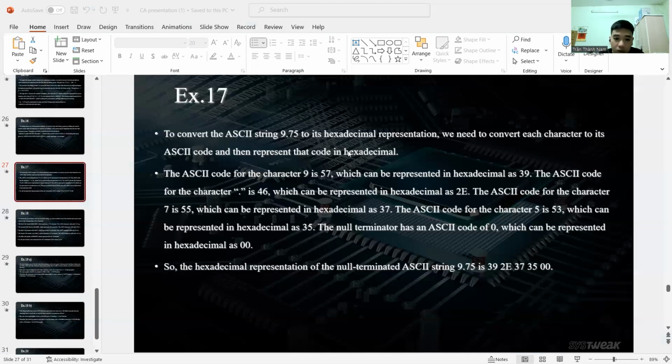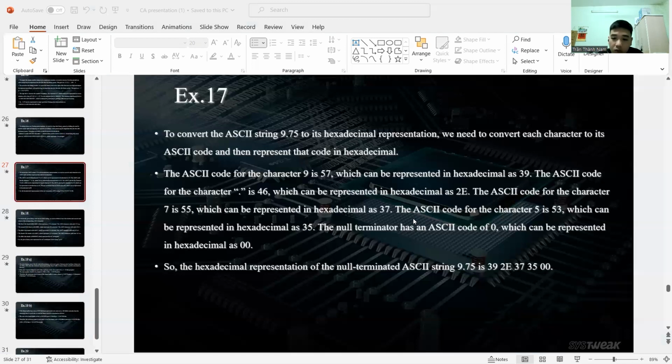The ASCII code for the character point is 46, which can be represented in hexadecimal as 2e, and the ASCII code for the character 7 is 55, which can be represented in hexadecimal as 37.